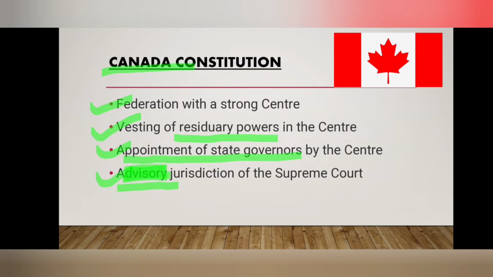I also have some tricks to remember which things have been taken from which constitution. But firstly, try yourself to make short forms of this, like from F for federation make something, from V make something, from A make something. Make a trick like that, because only then will you remember, since it has to be made from your own perspective.